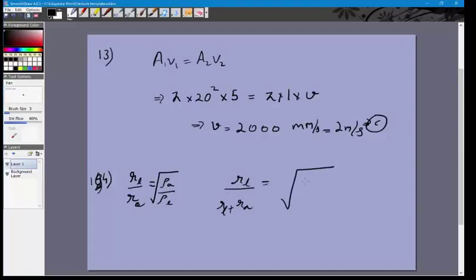So that actually does come out to be root of rho A by rho A plus rho L. But the thing is, because L is a liquid and A is a gas, rho A can often be neglected in front of rho L, so we can use the original answer of this approximation anyway.